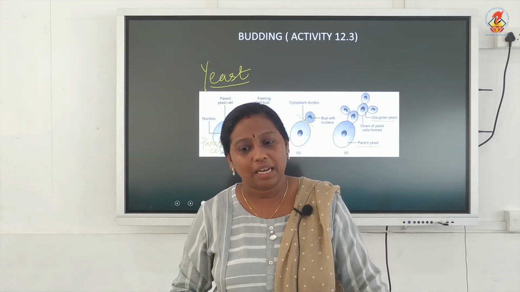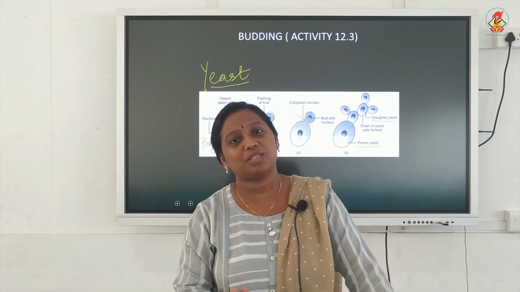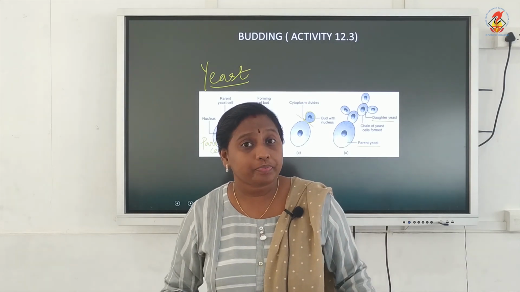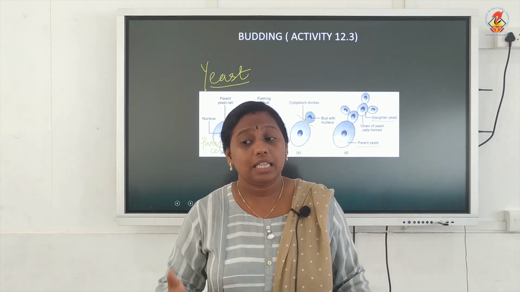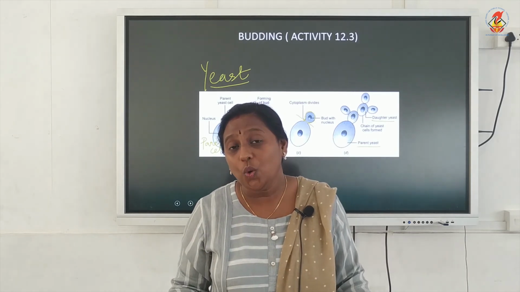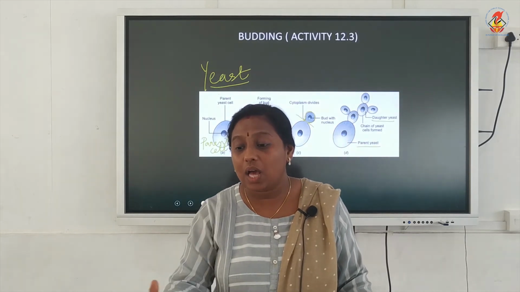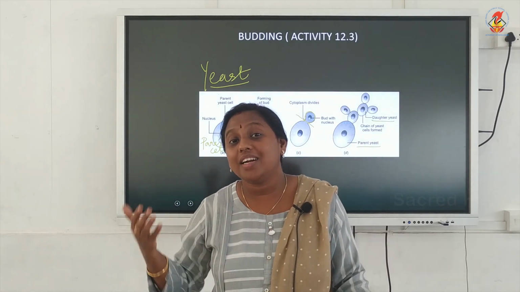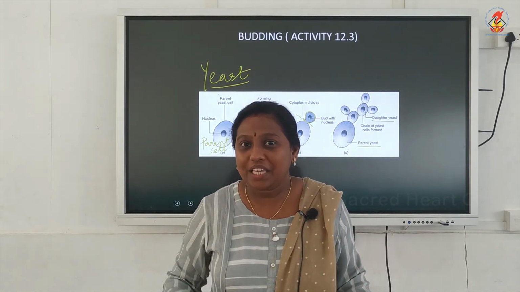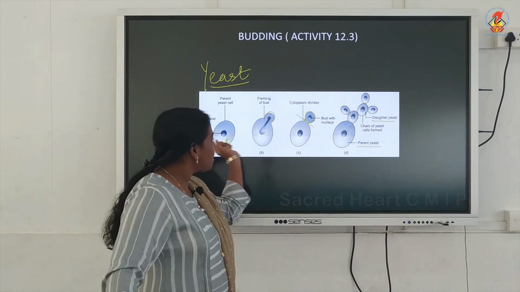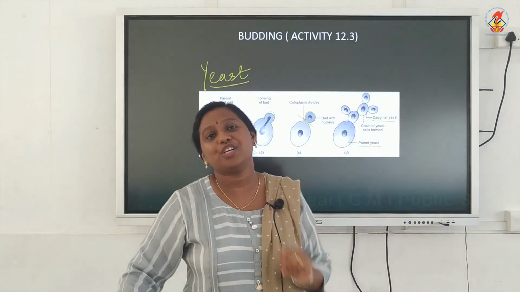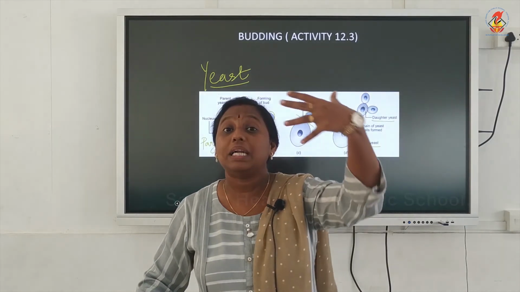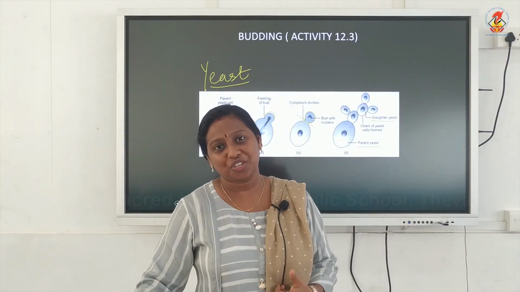Wait for some time. Let the yeast be there in the sugar solution. What will happen? After some time, the yeast, it's a living cell, no? This living yeast cell will take up that glucose and it will start dividing. The yeast cell will start the process of budding in that sugar solution. The yeast will multiply in the sugar solution.